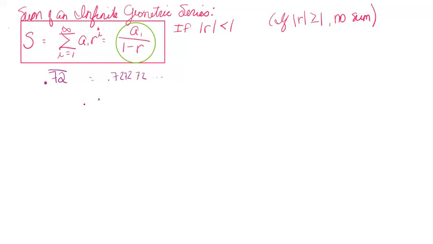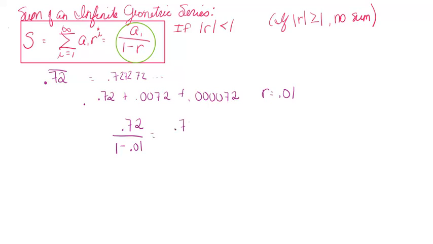Or I can rewrite this as 0.72 plus 0.0072 plus 0.000072. I just have to move my decimal place 2 places to the left each time, because my r is 0.01. So now my first term is 0.72. 1 minus my r is 1 minus 0.01, which when I subtract, I get 0.72 over 0.99.